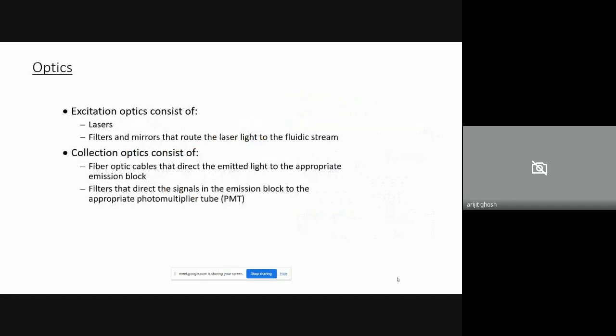Okay, now let's talk about the optics of a flow cytometer. So mainly there are two parts of the optics components of a flow cytometer. One is for excitation of the fluorochrome labeled cells or particles, and another is the part where the collection of the signals is done.